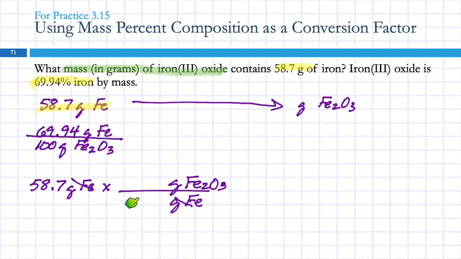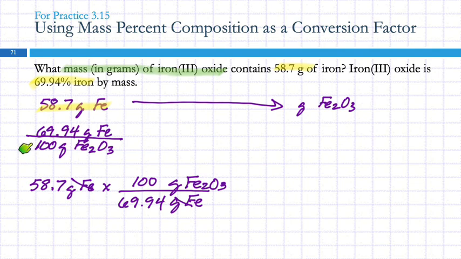This conversion factor comes from the percentage. I took the percent that I was given and I interpreted it as grams per 100 grams. So written here, I have 100 grams of Fe2O3. So up here where it says Fe2O3, I'm going to write 100 and 69.94 grams in the bottom.